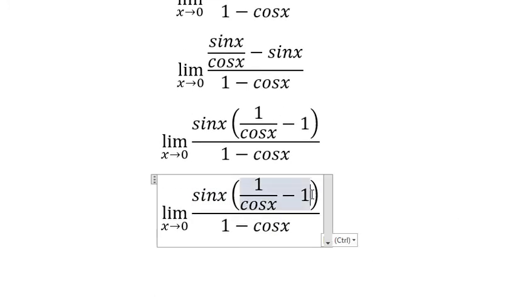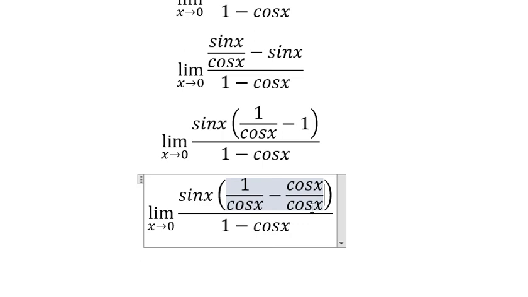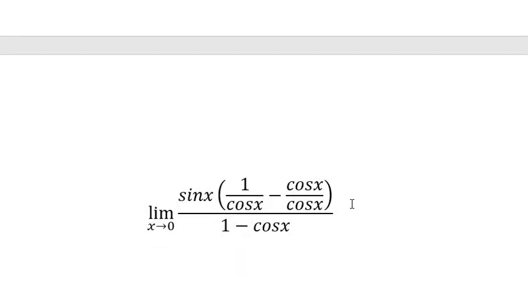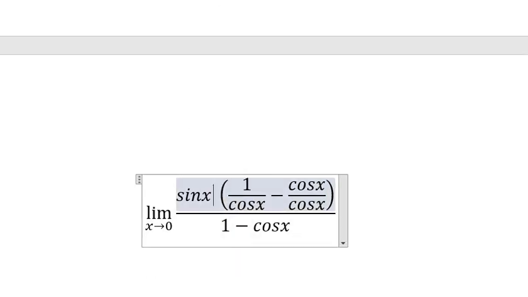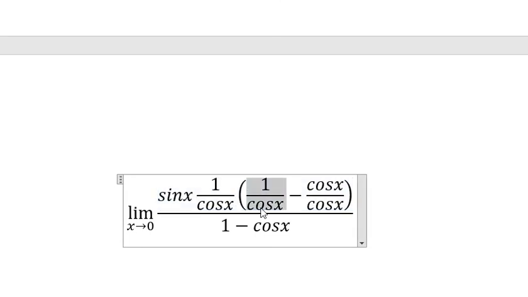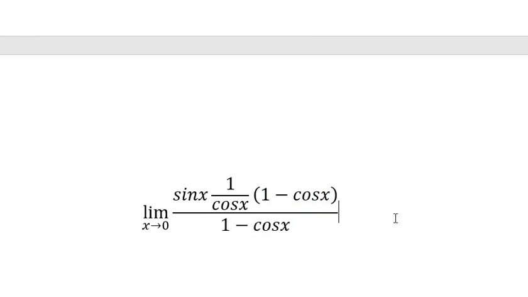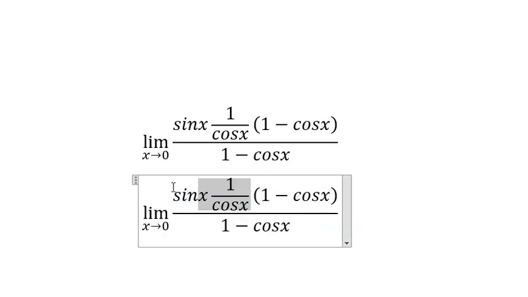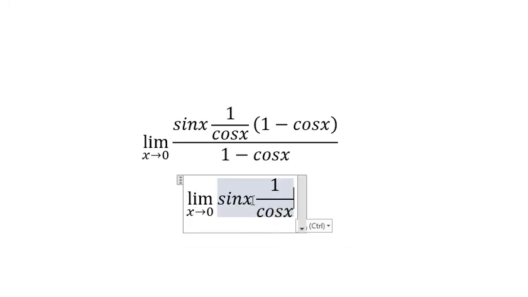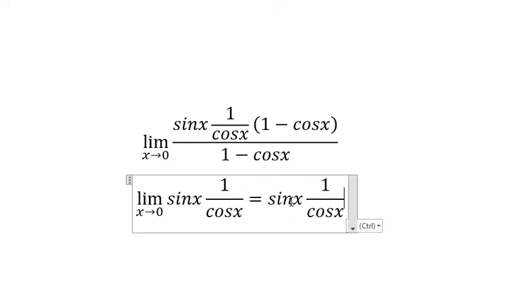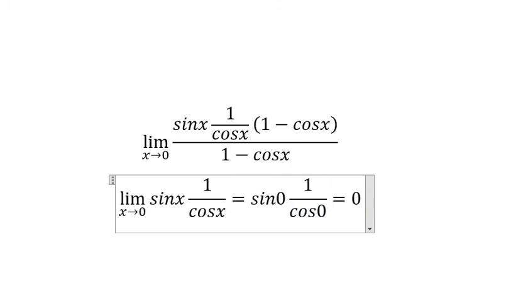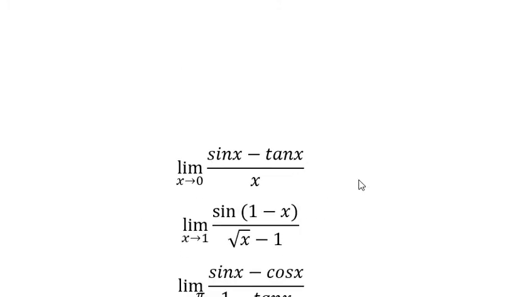Number 1 is cosine x over cosine x. 1 over cosine x, we can do another factorization here. Now we simplify 1 minus cosine x, and we just have this one left. And now we put number 0 here and here, and you get 0.